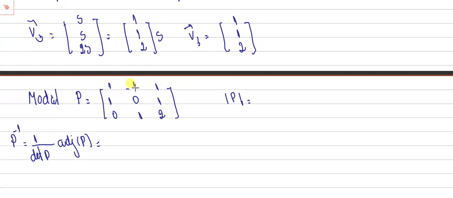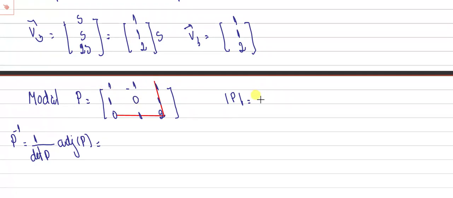I omit this one, and this one. 1 minus 1 is 0. Just take this one and this one, 0 and 1.